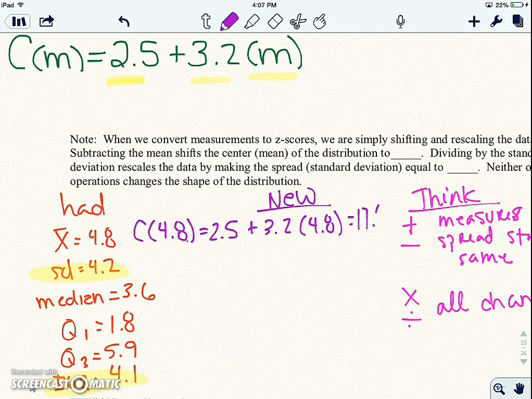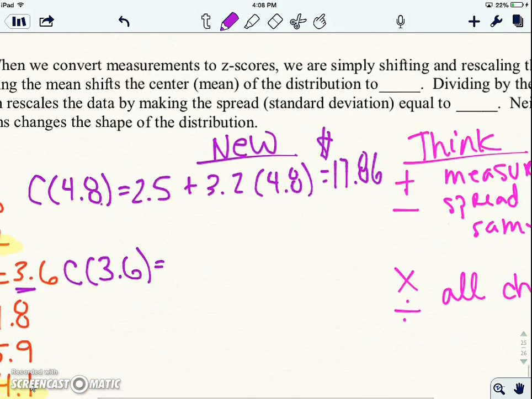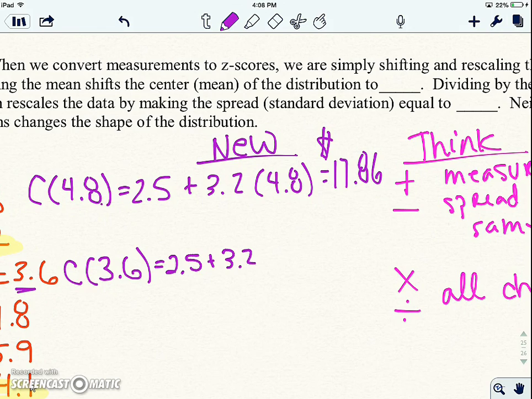So it's going to cost you $17.86 on average. For the median, we plug in 3.6 because the median miles is 3.6. We get 2.5 plus 3.2 times 3.6, and we should end up with 14.02. If you try that and it doesn't give you the same thing, it just means that my old notes were wrong.